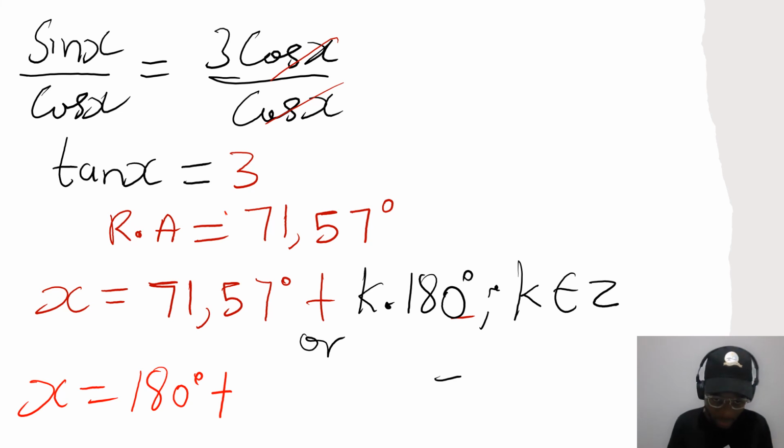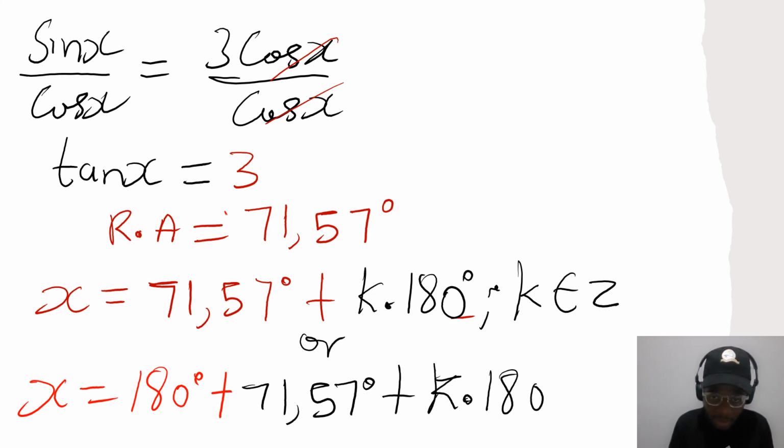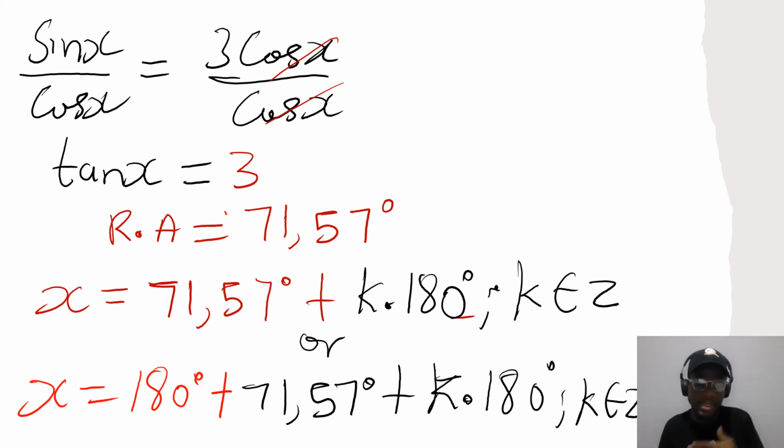The reference angle, right? 71.57 degrees plus k multiplied by 180 degrees, k an element of all our integers. You can go ahead and simplify 180 plus 71.57. It gives us 251. You can confirm this using your calculator.